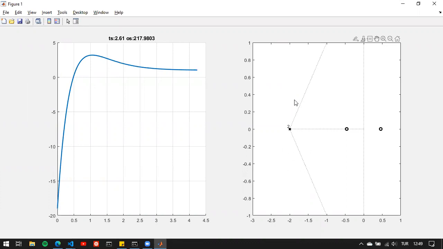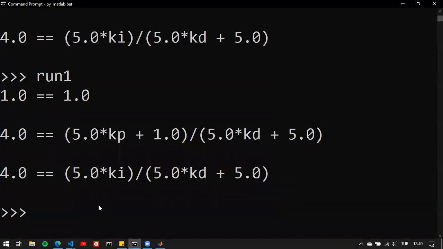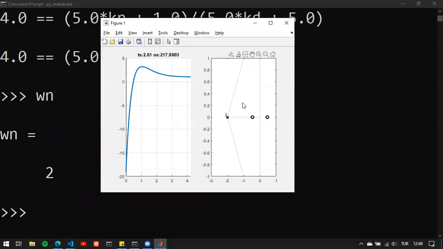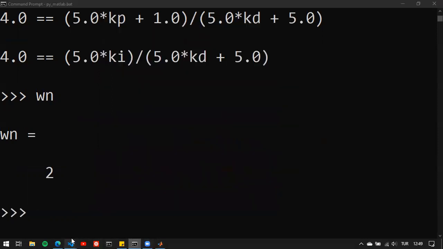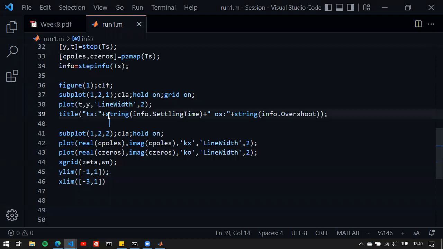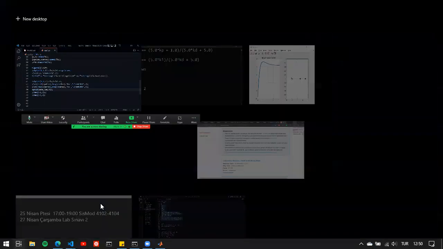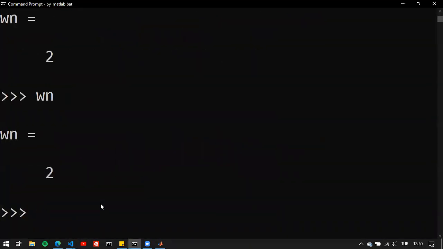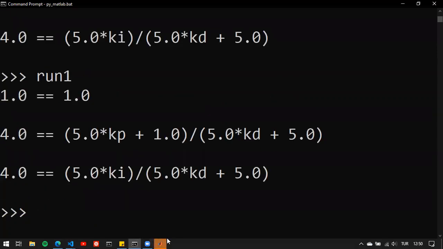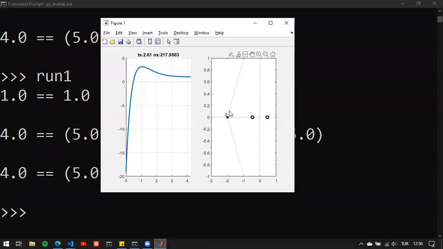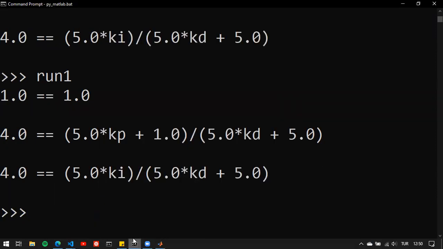Now we can see that, of course, if we have zeta 1 and omega n equal to 2, it seems like sgrid does not display it very well. Interesting. Why is there a problem there? Let me see. sgrid zeta, omega n. Maybe we should also put in another one. For some reason, we don't really get this effect that I'm looking for.